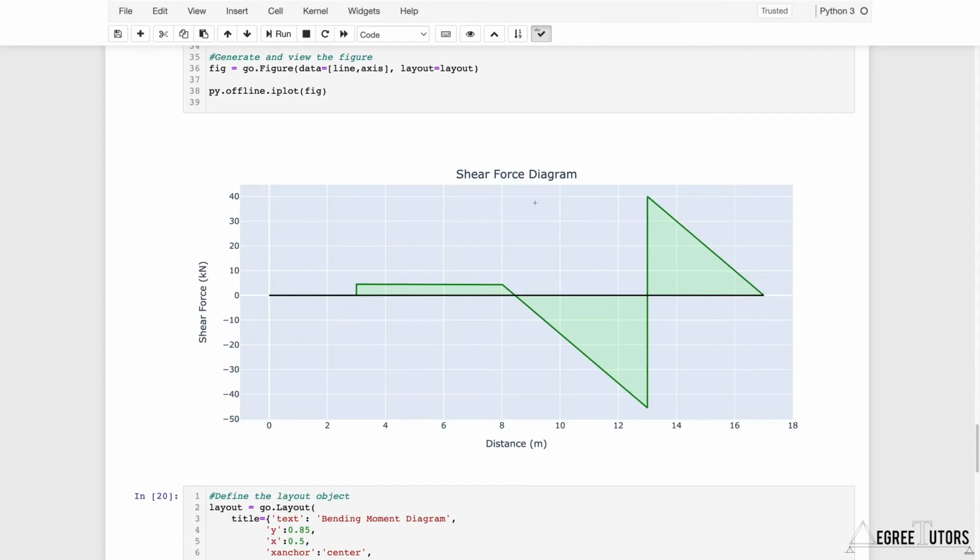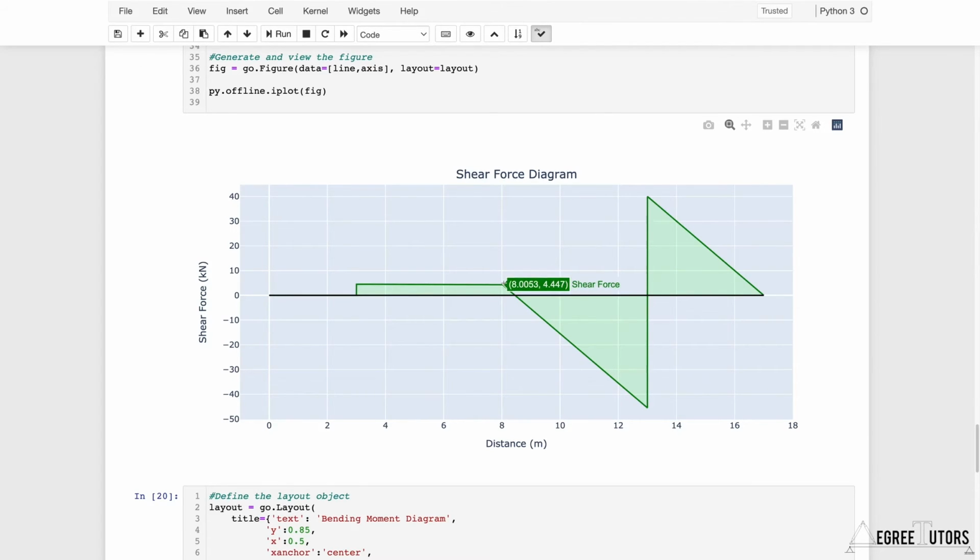Okay, excellent. So here's our shear force diagram. Remember, we said the uniformly distributed load started at 8 meters and continued at constant magnitude all the way off to the end. So we look at our shear force diagram, right? We have that 4.5 kilonewton reaction pushing the shear force diagram up at the reaction at A. Nothing happening on the beam between A and the start of the UDL, and so the shear force remains constant.